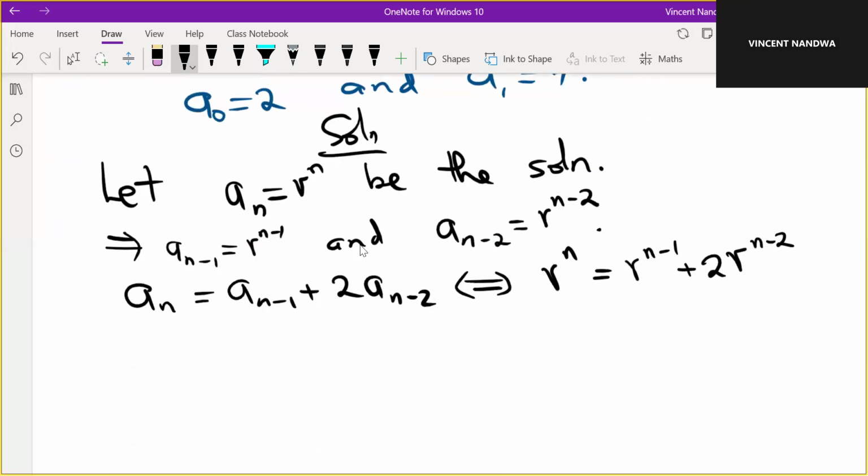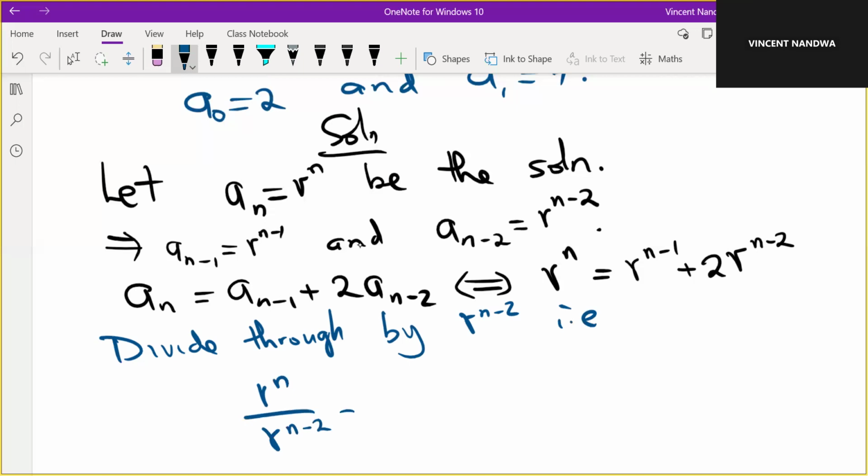Then for those who are following, we divide through by r^(n-2), i.e. r^n over r^(n-2), r^(n-1) over r^(n-2), plus 2r^(n-2) over r^(n-2).